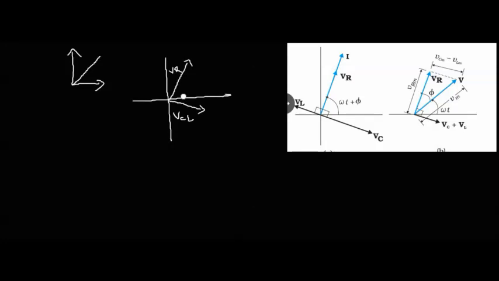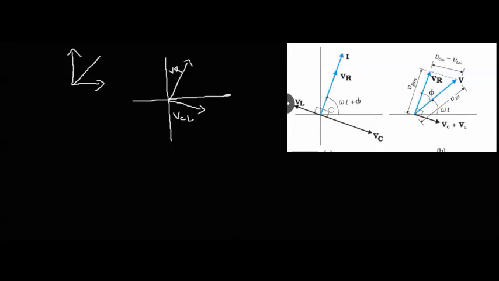So to get the resultant of VR and VCL, we have to draw the line likewise, because the angle between VR and VCL is 90 degree. That you can clearly see in this picture. This VR is along the line of the current, and with the current this VCL is making an angle of 90 degree. So the same line of current is the voltage phasor across the resistor.